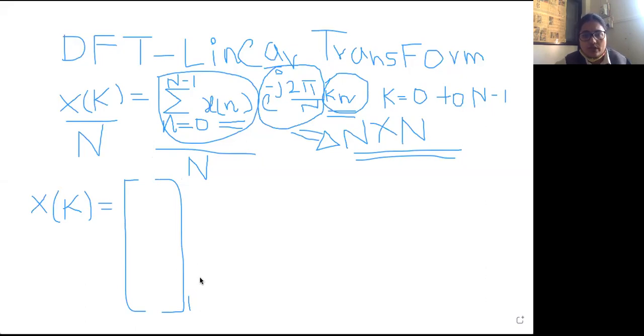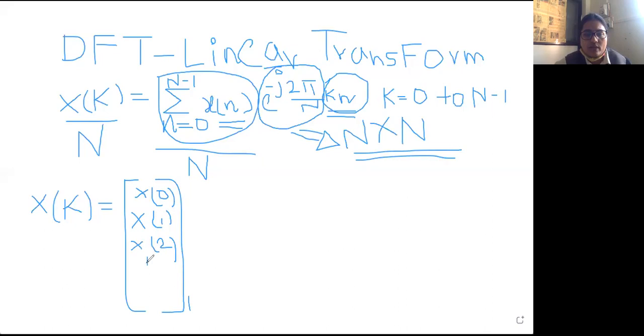So this is what we are representing using a matrix. There are n samples, and those we represent as x of 0, then the next sample x of 1, then x of 2. In this way, how many samples do I have for the DFT values?